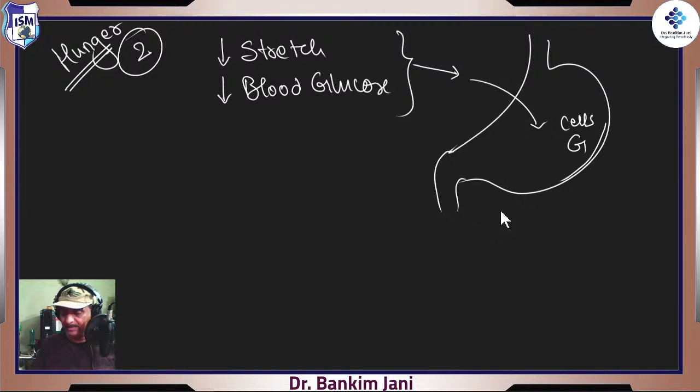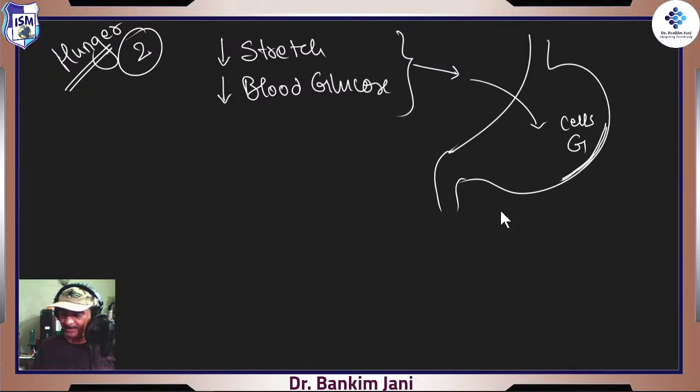We just can't rely on one vagus, so let's take another route. That route is blood. Let's inform the arcuate nucleus, because the arcuate nucleus is the boss. If we send our message to the arcuate nucleus, he'll manage everything.